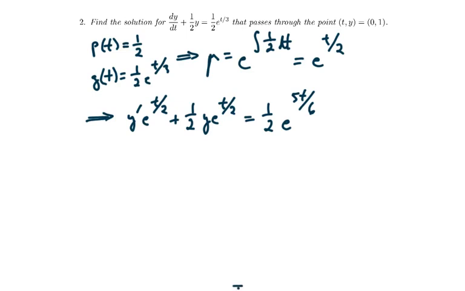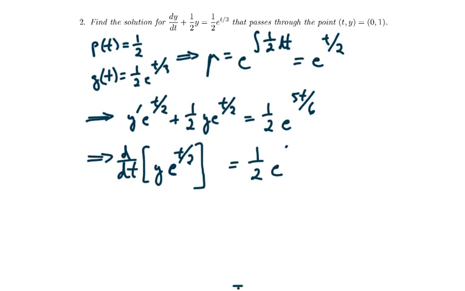Now this left side again is d/dt of y e to the t over 2. And the right hand side stays the same for now. Next step, we want to integrate both sides.